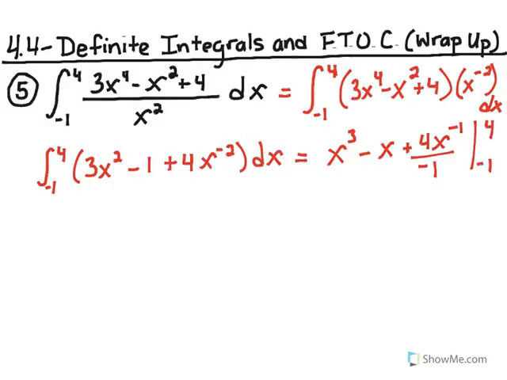Let me clean up what that last term looks like so it's a little easier to work with. So what we really have is x cubed minus x plus 4 over -1, which is minus 4 over x, and we're evaluating this from -1 to 4.